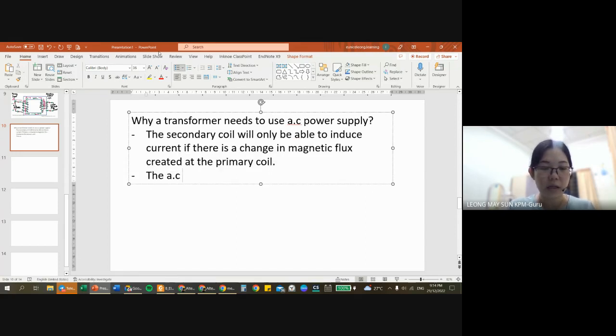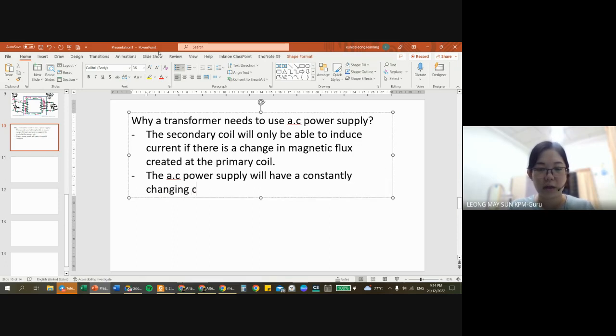The alternating current power supply will have a constantly changing current in terms of magnitude and direction.